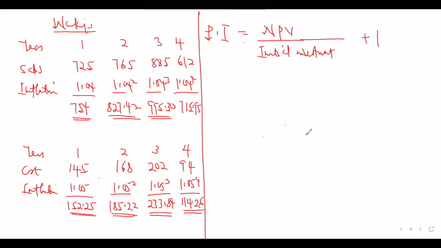Profitability index is actually the present value over the initial investment: how many times can the cash flows pay the initial investment? If you have two projects, how many times can you recoup your cost from your return? Let's calculate the profitability index for each of the projects. So project 1, what will be its profitability index?